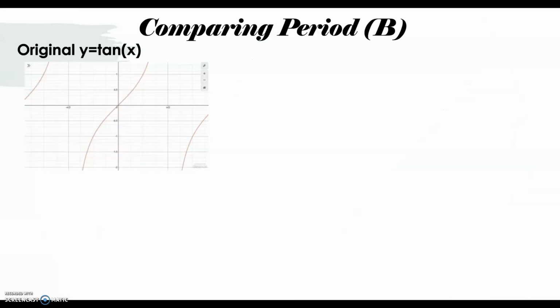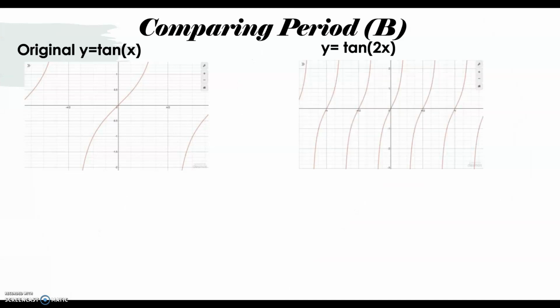Now comparing period, here we have the graph of tangent of 2x. The period here will be pi over 2, so the period is half of pi. Each line is closer together because instead of the period being pi, the distance is only pi over 2.